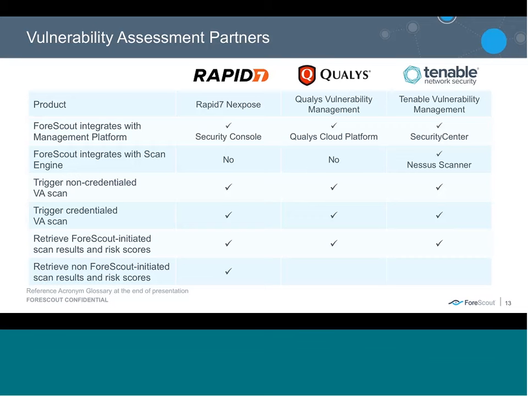Now, the one difference here is that you may remember the Nessus scanner. The Nessus scanner is a product that Counteract integrates with, and that's been around for a little while. The reason for that is because the Nessus scanner was initially available as a freemium, and so there were a lot of clients out there that would use the freemium version of the Nessus scanner.